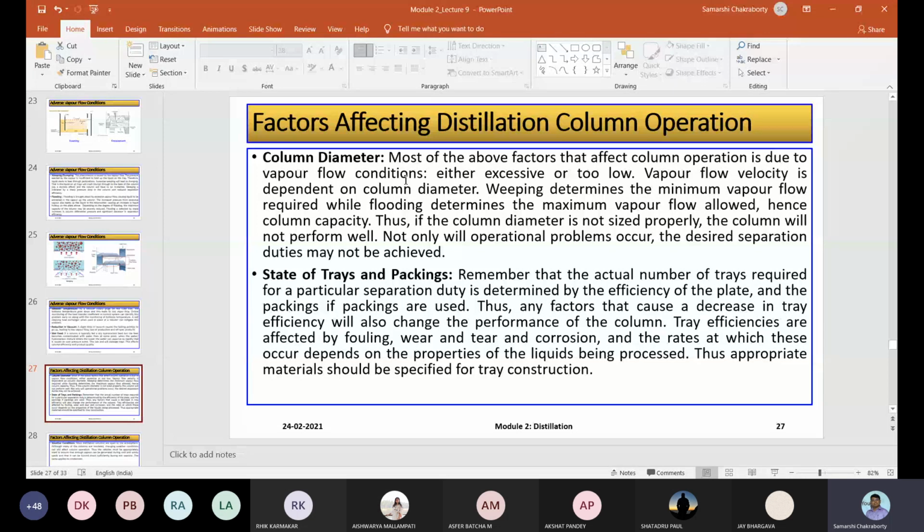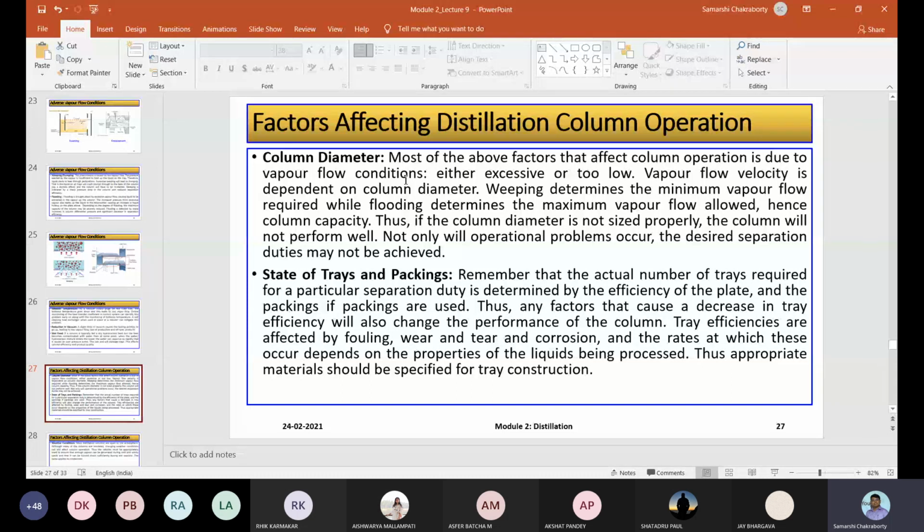And the flooding information tells you that if the vapor flow within my system goes beyond this limit, one tray's liquid will get mixed up with another tray's liquid, and then my separation efficiency and product quality are going to go down. So it tells us about the maximum vapor flow that is allowed, hence the column capacity. If the column diameter is not sized properly, the column will not perform well.